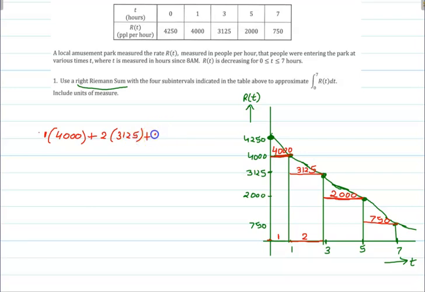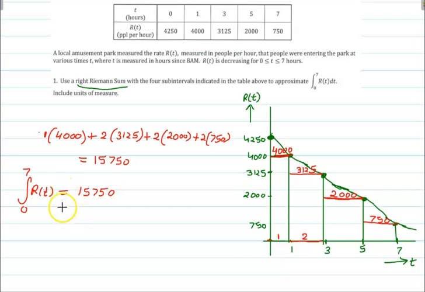The area of the third rectangle is 2 times 2000, and the area of the fourth rectangle is 2 times 750. So we get the approximate value of the integral from 0 to 7 as 15,750. The total number of people entering the park during the first 7 hours is 15,750.